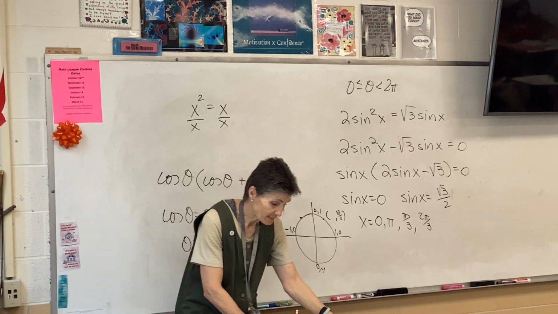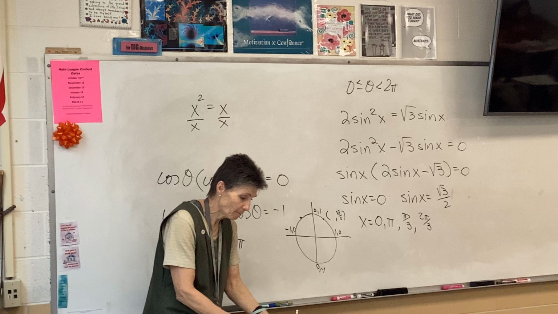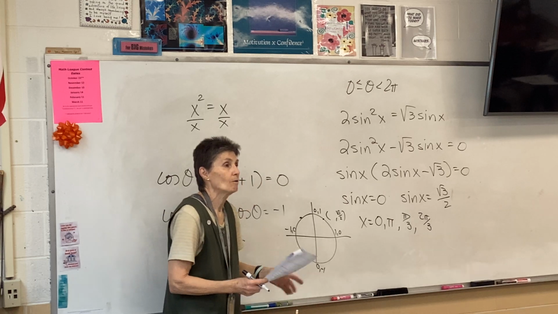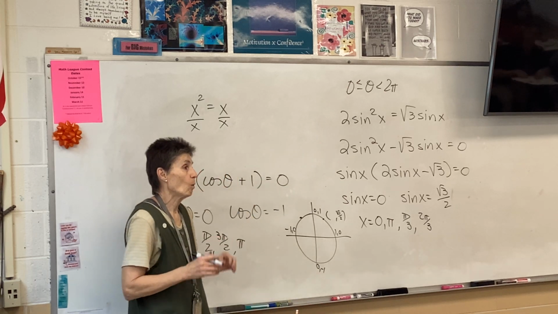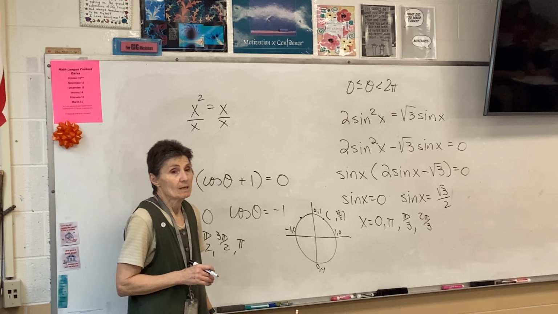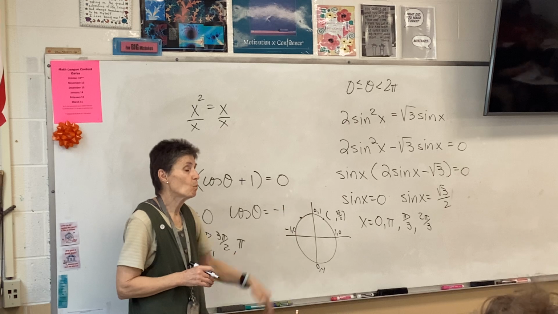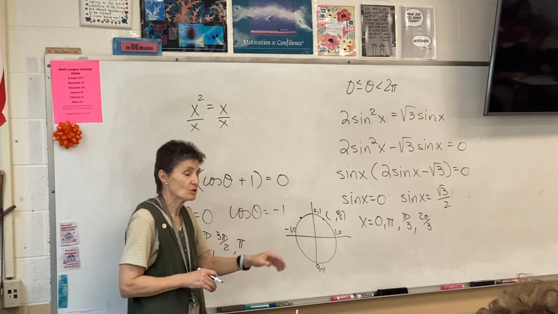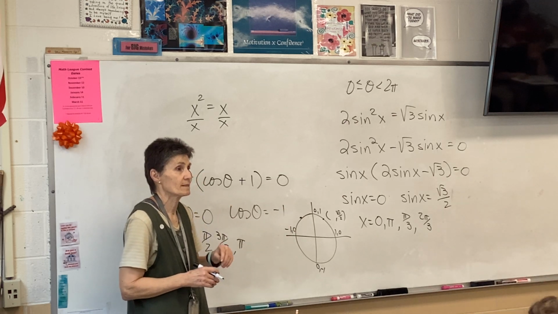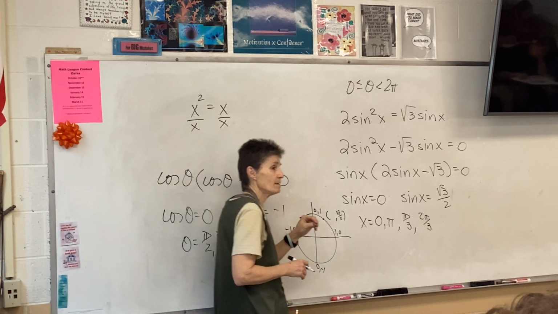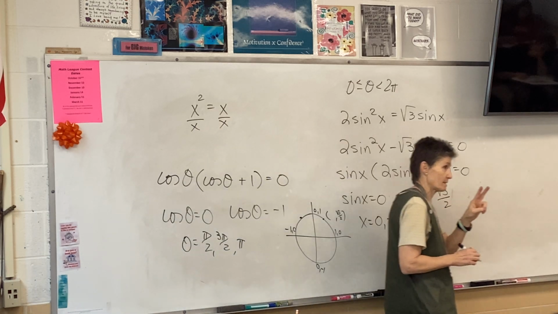All right, because now we're going to ramp it up and we're going to solve trig inequalities. Now, I want you to remember, back in Algebra 1, you solved equations and then you solved inequalities. Basically, there were only two little differences.